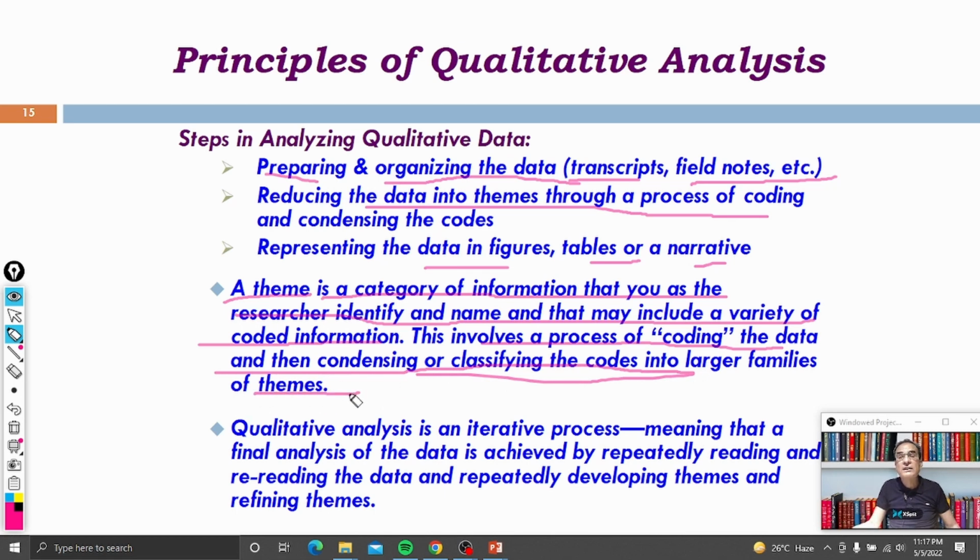I hope you understand how to make a theme in qualitative research. Qualitative analysis is an iterative process, meaning that the final analysis of data is achieved by repeatedly reading and rereading the data, repeatedly developing themes and refining them. So you have analyzed the data and you have to reread your data and repeat and try to make it perfect.